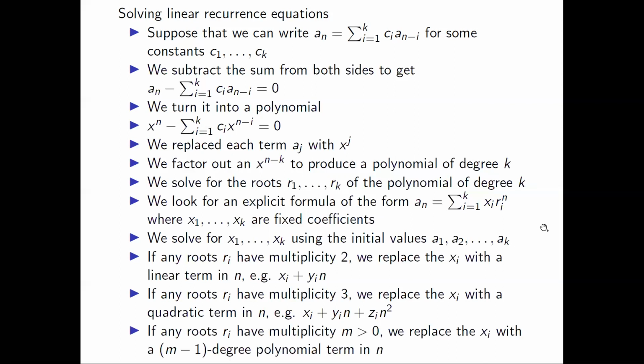And more generally, if you have some root r sub i and it has multiplicity m, we replace the x sub i with an m minus 1 degree polynomial term in n. So if it's an m minus 1 degree polynomial term, it means that the number of coefficients that we have to solve for is m.